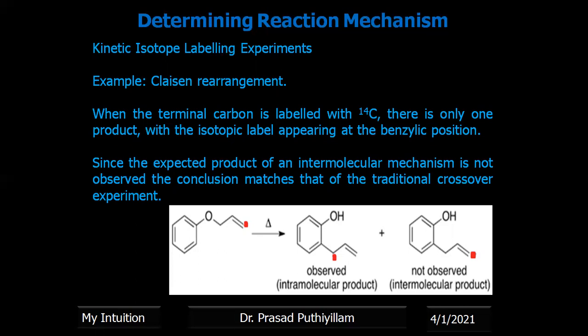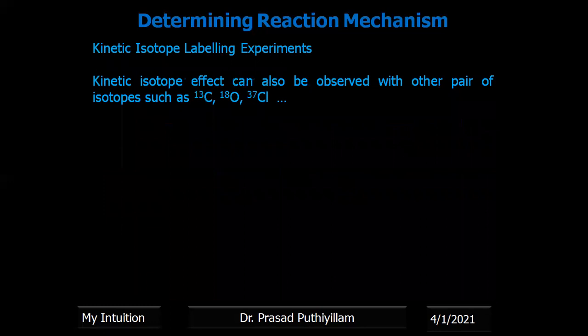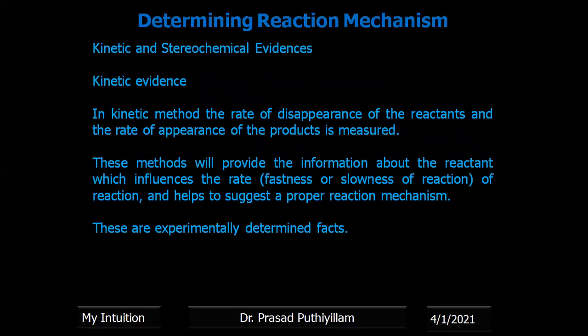Therefore, the mechanism is also confirmed by using isotope labeling. Even the isotopes of carbon, that is carbon 13, of oxygen, oxygen 18, and of fluorine, fluorine 37, can also be used or studied in the kinetic isotope effect.